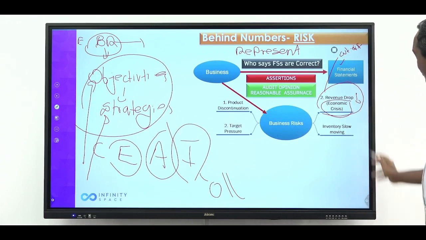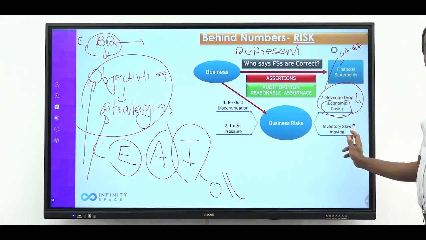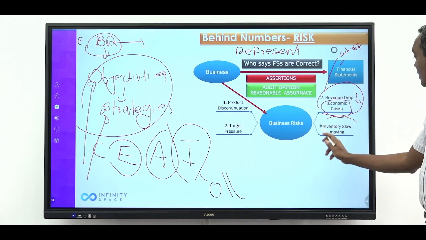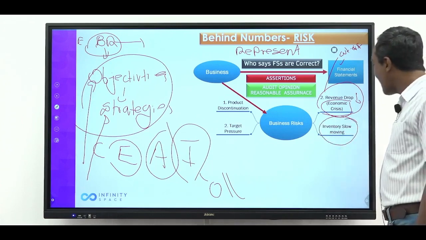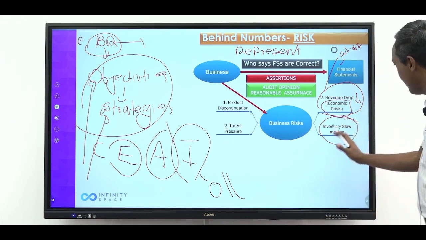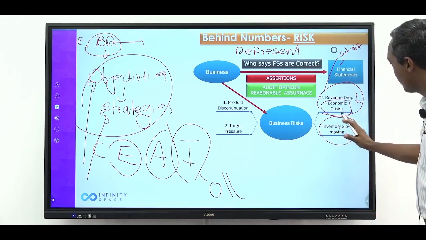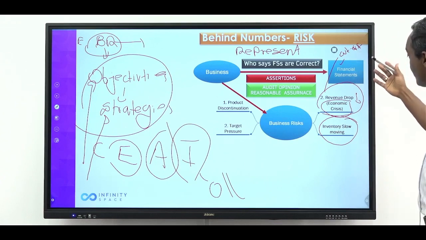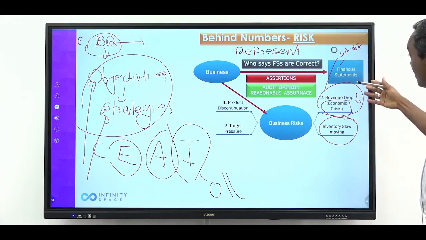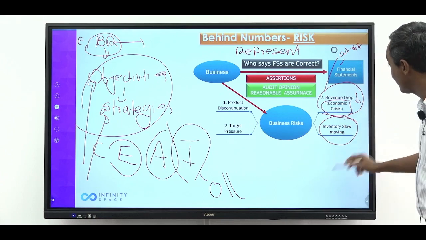And then obviously if the business globally, customers are not doing well, the inventories are not moving according to standards. Now see, when the inventory is not moving, why? Because this is coming from the crisis. The customers are not doing well. The CFO should think, okay, what is the risk?